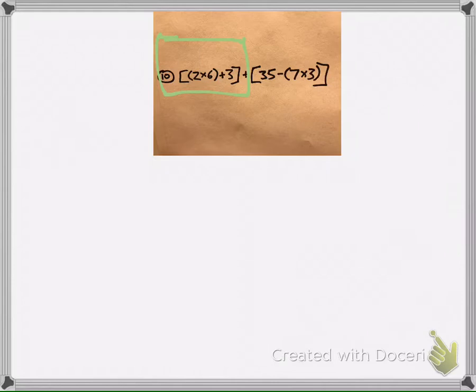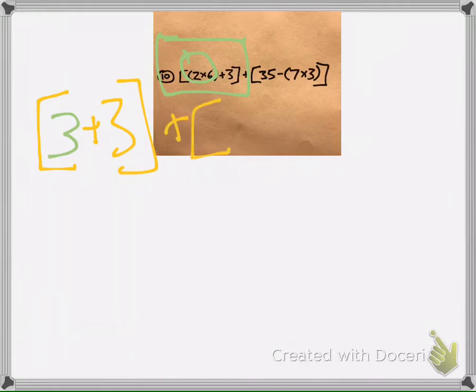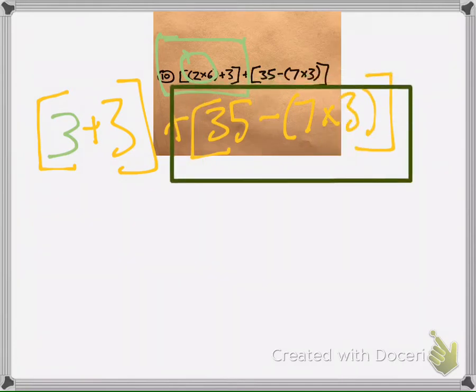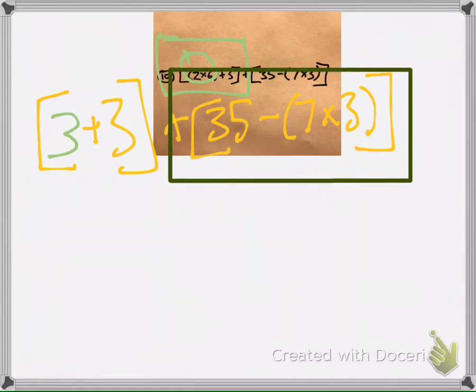Starting with the 2 times 6, I've got a 3, and I'm literally going to rewrite everything else the same. 3 plus 3 plus 35 minus 7 times 3. Notice I did not do anything to this second bracket. I'm doing nothing. I'm only doing one step at a time.